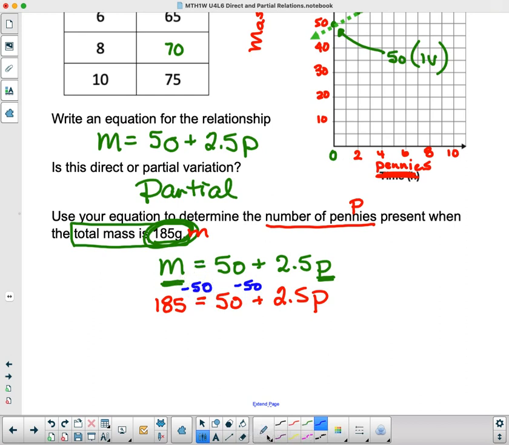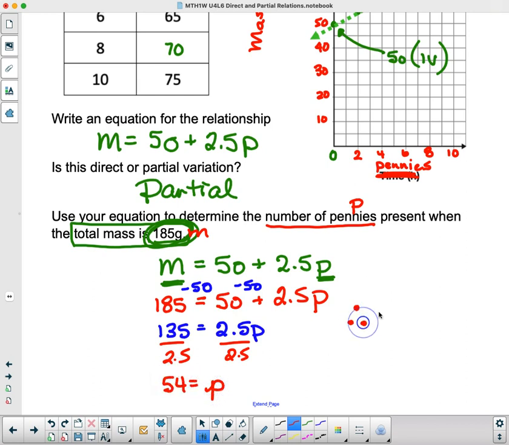And that's going to give us 135 on this side equals 2.5p. And then we're going to divide both sides by 2.5. And that gives us 135 divided by 2.5 is 54. So 54 equals p.